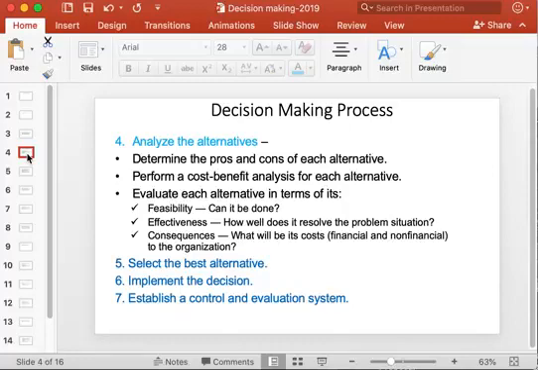Then, after analyzing the alternatives, select the best alternative and then implement the decision, and also establish a control and evaluation system before the decision is implemented.